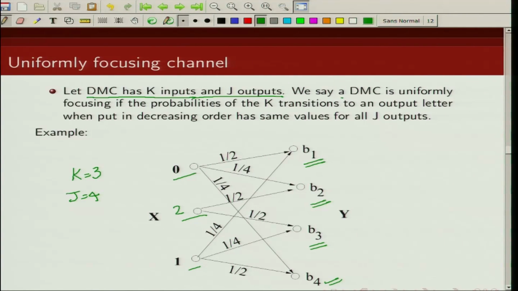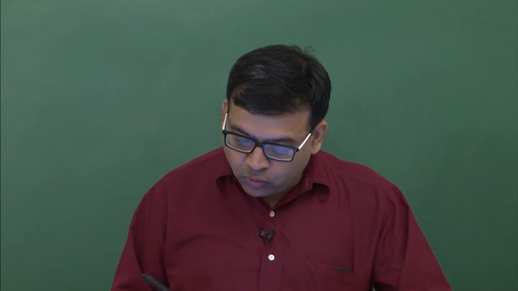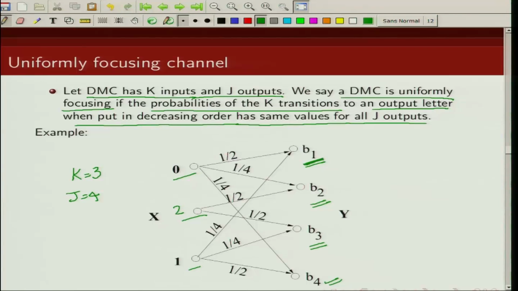Now we say a discrete memoryless channel is uniformly focusing if the probabilities of the k transitions to an output letter, when put in decreasing order, have the same values for all j outputs. So what we need to do is look at the output letters B1, B2, B3 and B4 and look at the probabilities of the k transitions to each output letter.